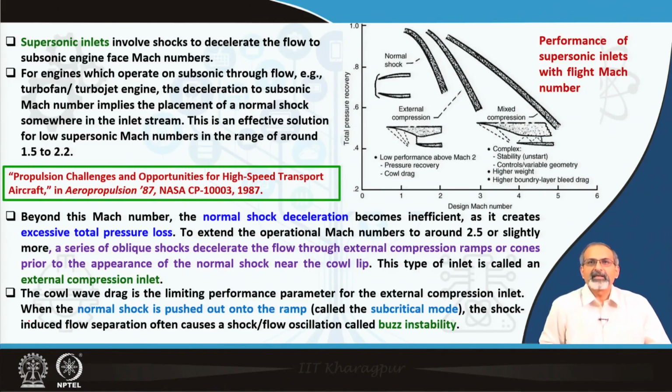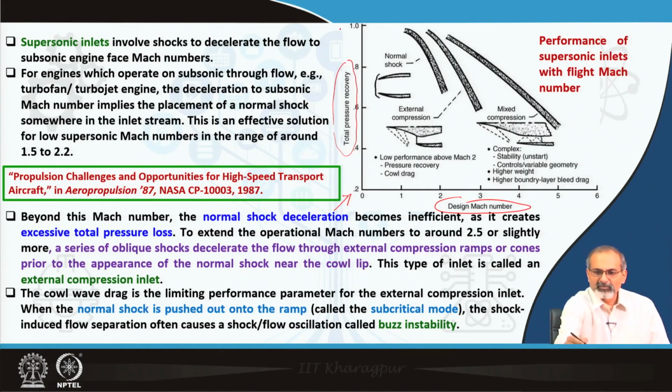This is a very interesting area and an extremely important issue related to all kinds of air breathing engines. We see a graph here where the x axis indicates the design Mach number of a particular intake and the y axis the total pressure recovery. The maximum possible is unity, of course.